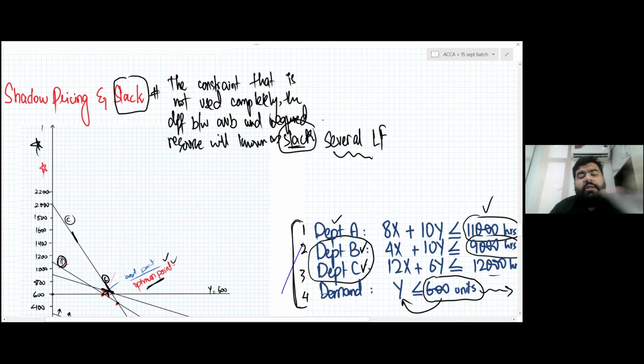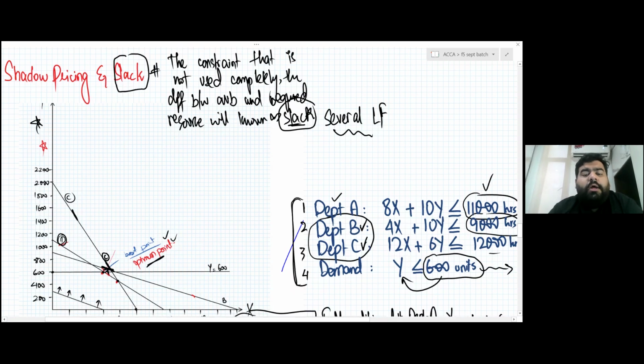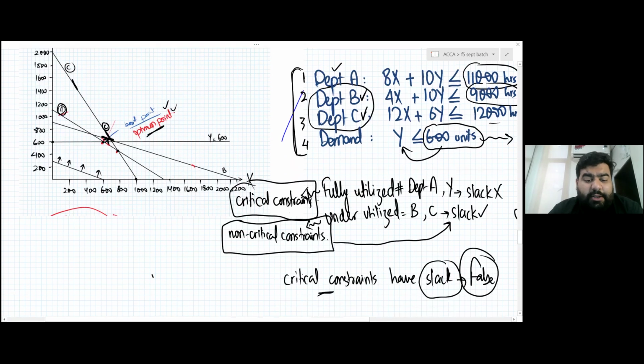So slack will be the difference between the complete available resource minus the required resource if it is underutilized. In case it's completely utilized, obviously there will be no slack. Slack will be zero in that scenario.